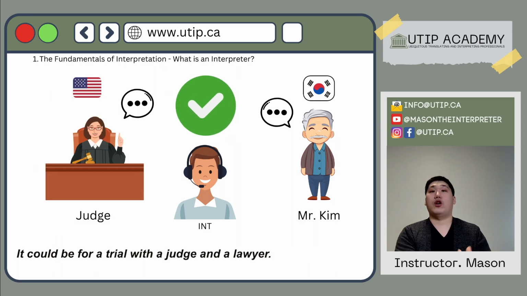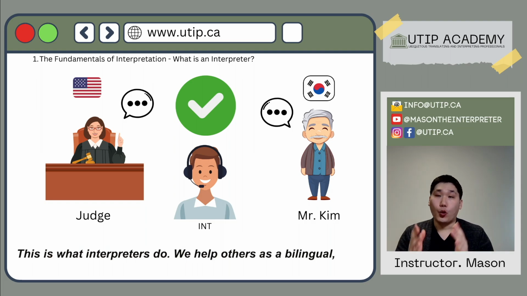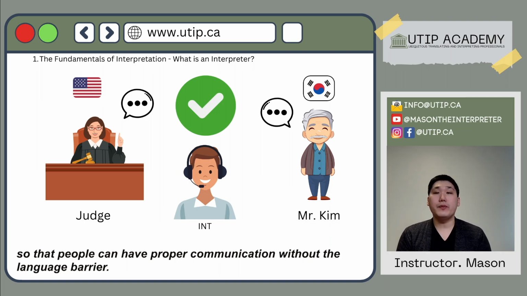It could be for a trial with a judge or a lawyer. This is what interpreters do. We help others as a bilingual so that people can have proper communication without the language barrier.